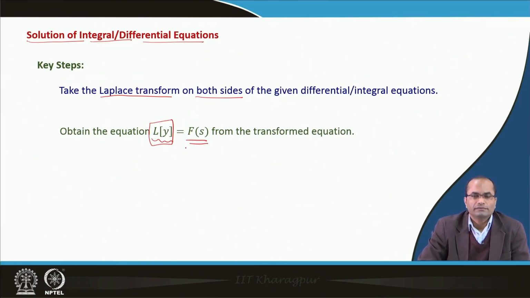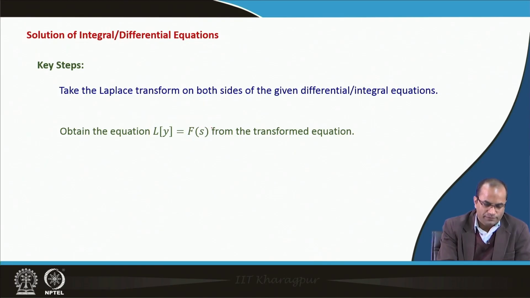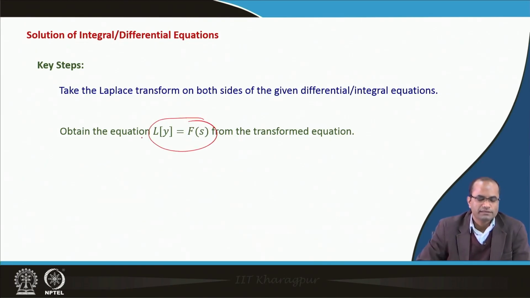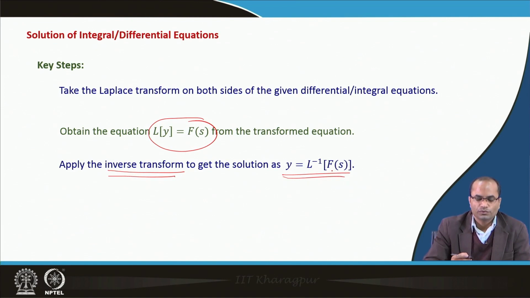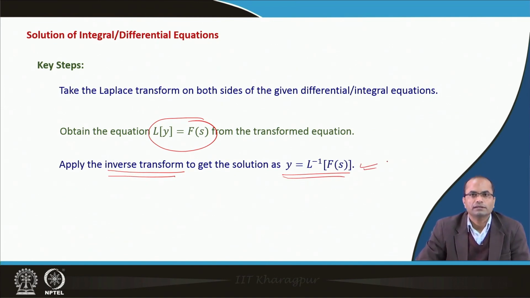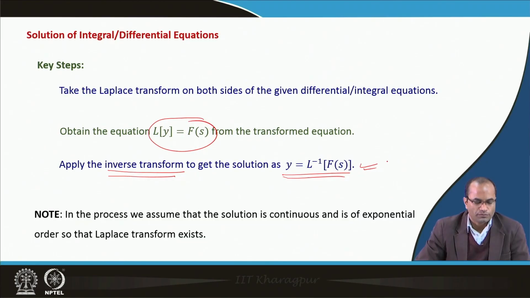So, we have the given equation. After taking the Laplace transform, we have the transformed equation, and that we will simplify to have this form L y is equal to F s. And then finally, we will apply the inverse transform to get the solution y is equal to L inverse F s. So, these three are the key steps for solving any differential equation using this Laplace transform.